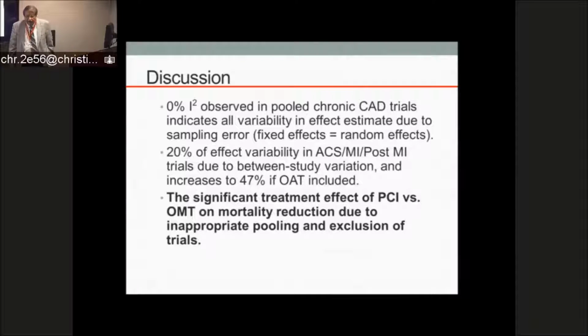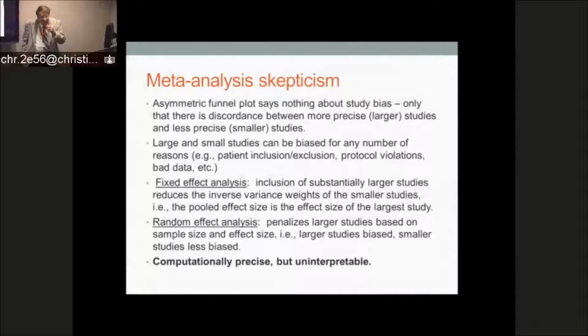If you're not watching or aware of that, you need to be, that investigators are choosing their studies to include.